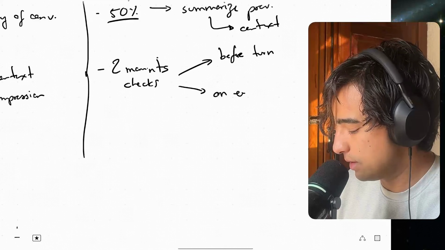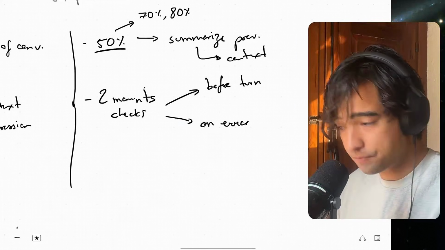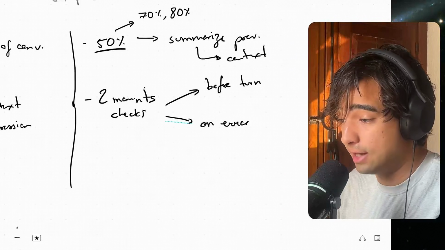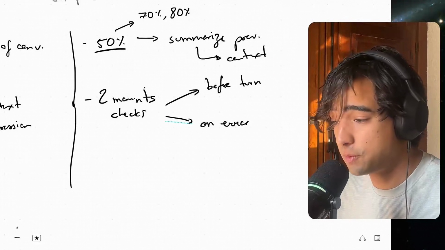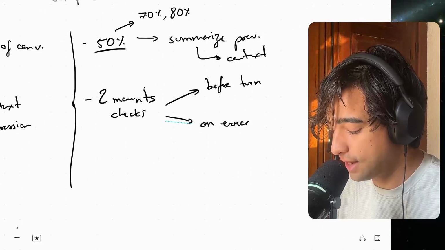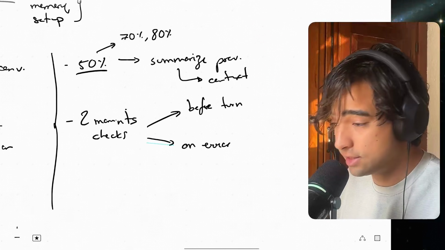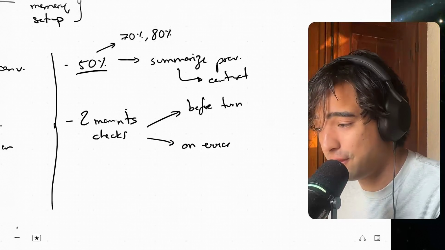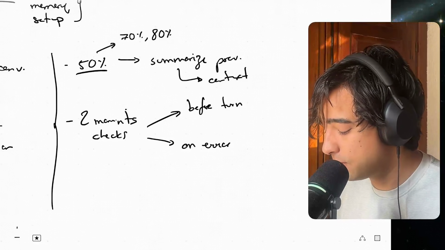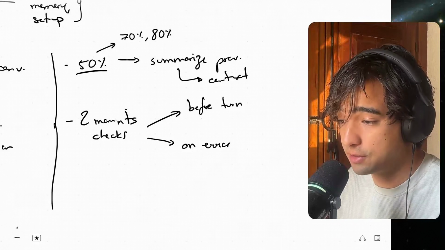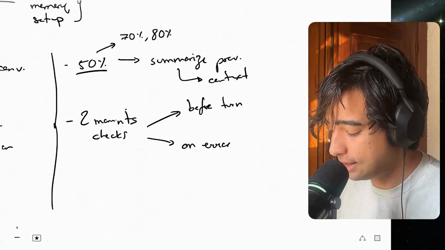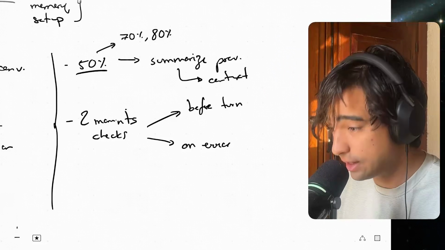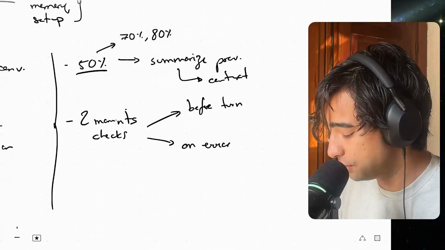So whenever the LLM returns an error about the context window, then of course it's going to check its context and summarize it. Else, if it has not reached the maximum context window, then before every turn, so after you send each message, it is going to check the context on every single iteration.